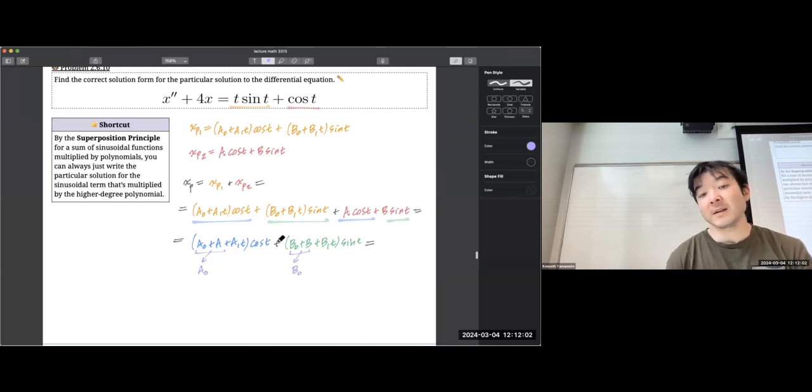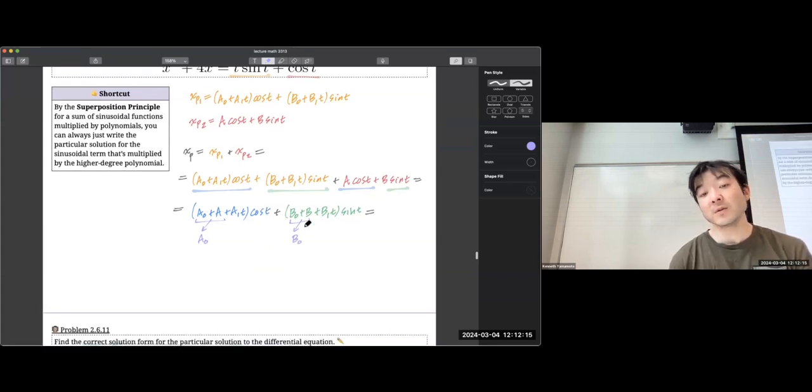You really have an additional freedom that you don't need, because together these just combine into one of the constant terms on the right. You could do a problem like this and find it would have been fine if you had just rewritten these as just another constant A naught.